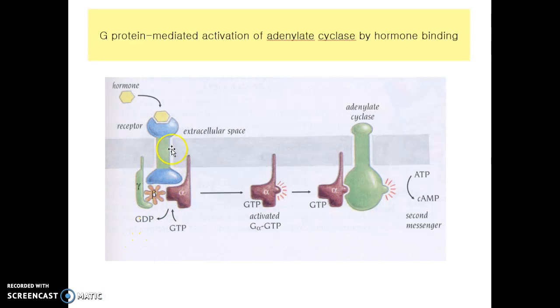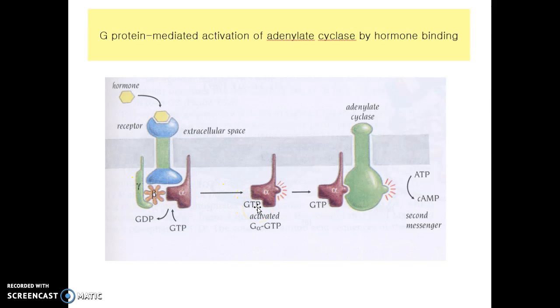You can see here G protein activating adenylate cyclase by hormone binding. Hormone binding to the receptor leads to the activation of G protein. The replacement of GDP with GTP dissociates the alpha subunit from beta gamma.